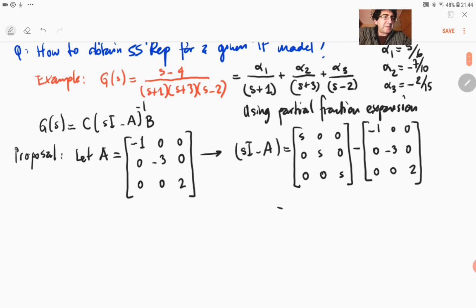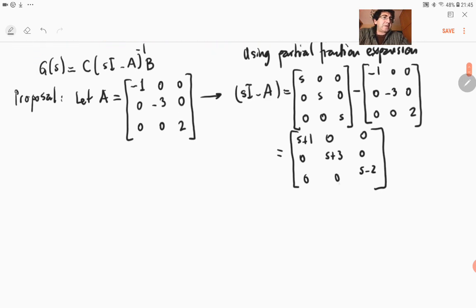This matrix turns out to be the denominator terms, s plus 1, s plus 3, and s minus 2 on the diagonal entries, and the remaining entries being just zeros. Now for a diagonal matrix, what is the determinant?